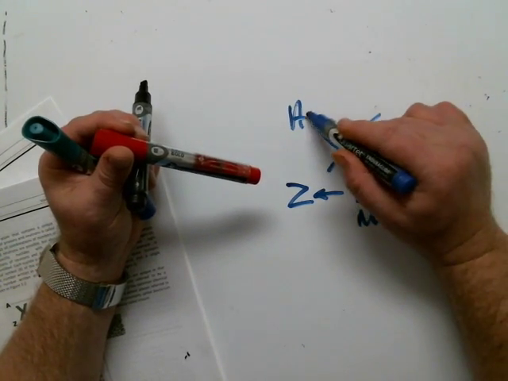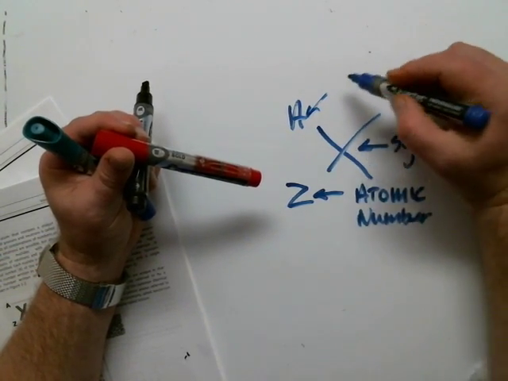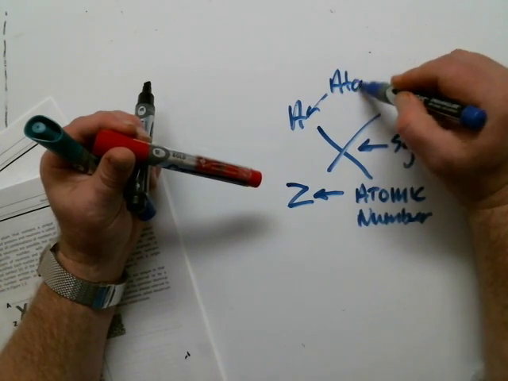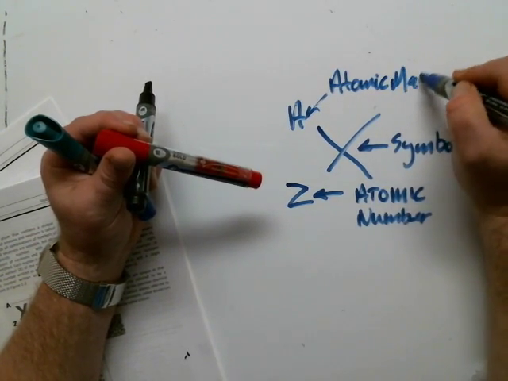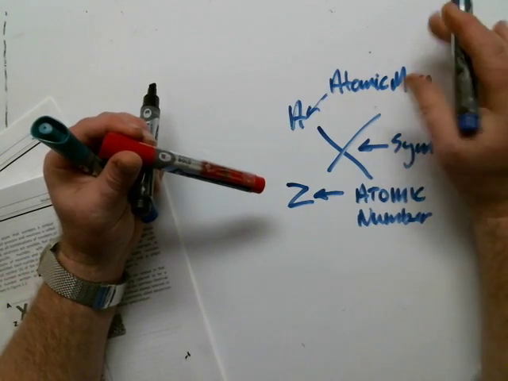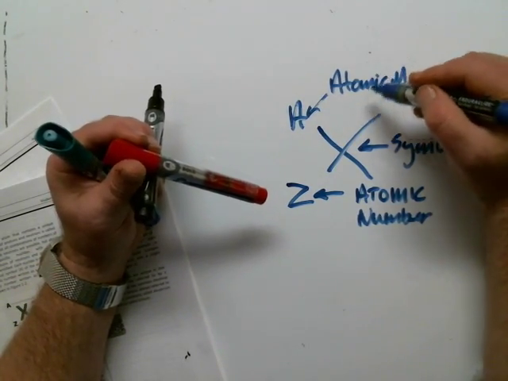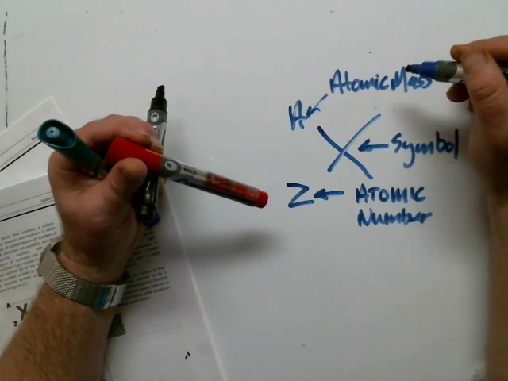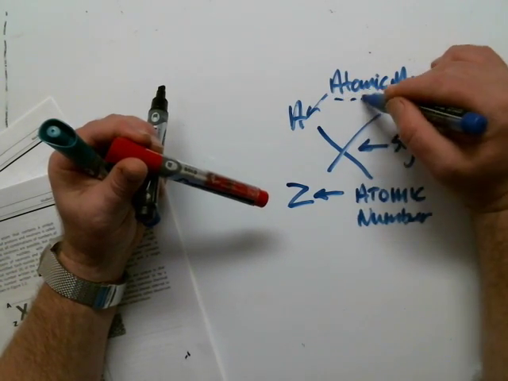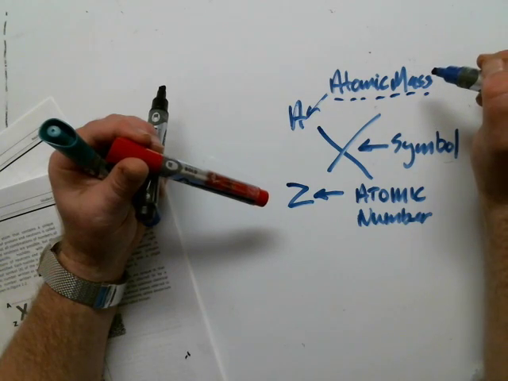And then this A, we said, was protons and neutrons, but it's called the atomic mass for us. On your periodic table, it may be called the atomic weight. The atomic mass is nothing more than the atomic weight rounded up. That's all it is.